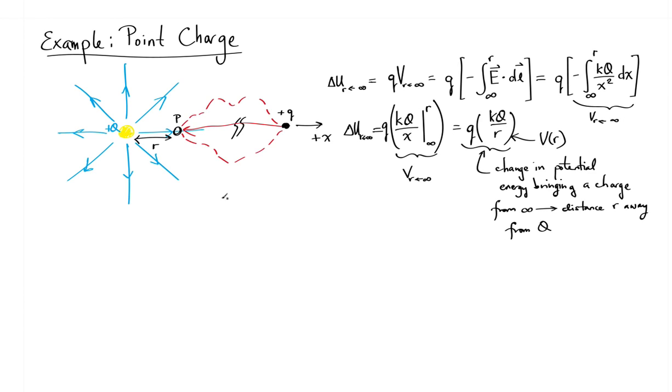But for a point charge, it's handy to have a reference point, so the convention is that V at infinity is 0.